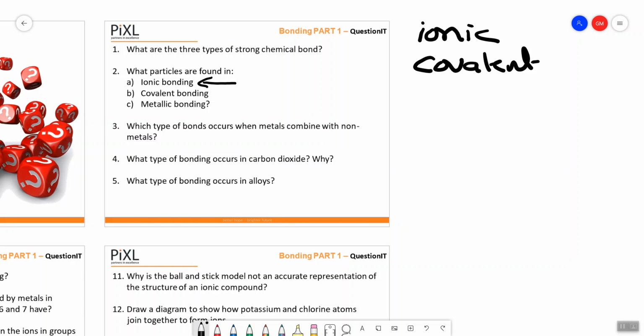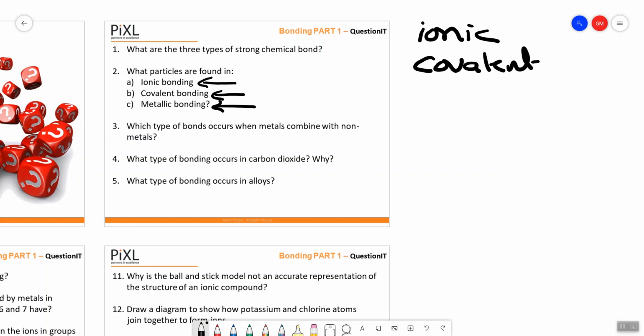When you transfer electrons, what's left behind is a positive ion, and what gains the electron is a negative ion. So it's metal and non-metal ions. Covalent bonding is only ever non-metals. If it's got a metal in, it's ionic. If it's not got a metal in, it's covalent. Metallic bonding, have a guess, it's to do with metals, but we'll dig into that a bit more.